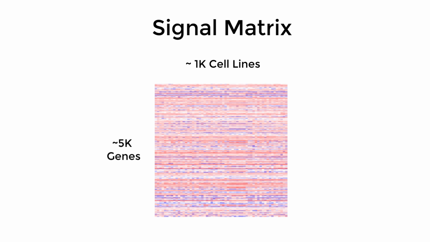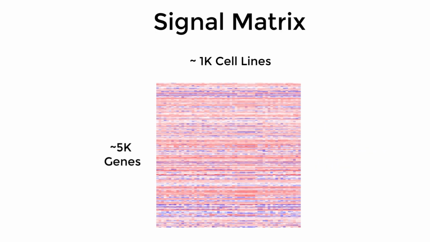But we need to consider the fact that the first step of the analysis is a non-negative matrix factorization, and the problem is in the name, non-negative, because at this point, our negative context scores are negative numbers, which don't work for NMF. So we came up with this simple trick to fix this.